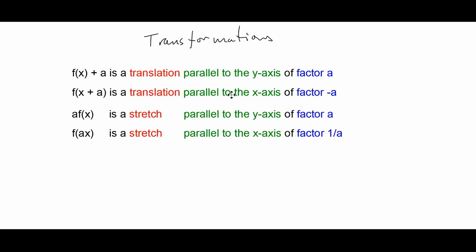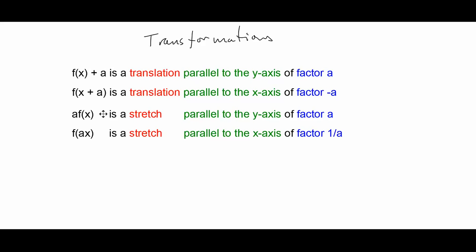So f of x minus a is a translation parallel to the x-axis of factor a. So the curve goes in the opposite direction to the sign of the factor.